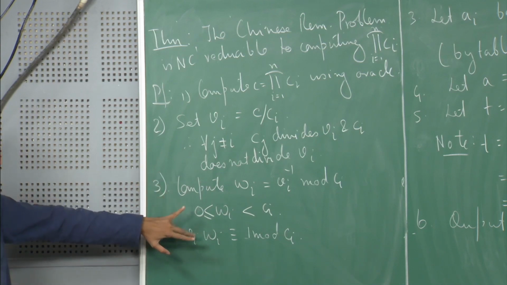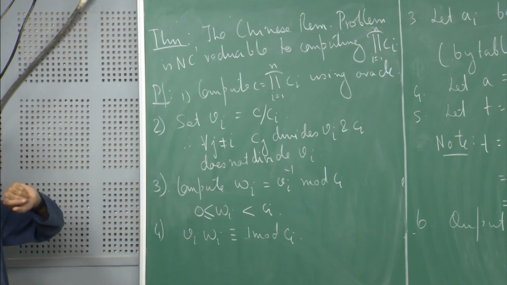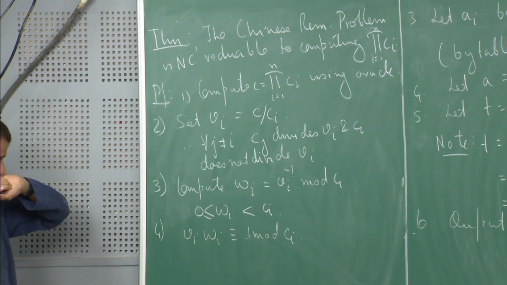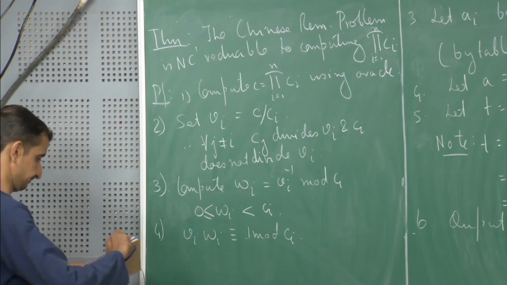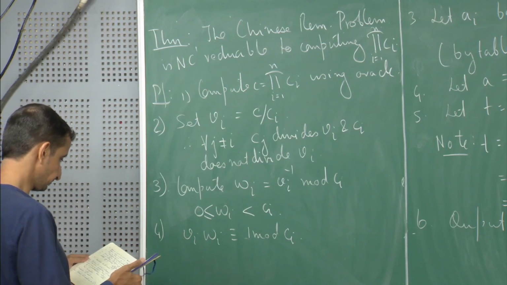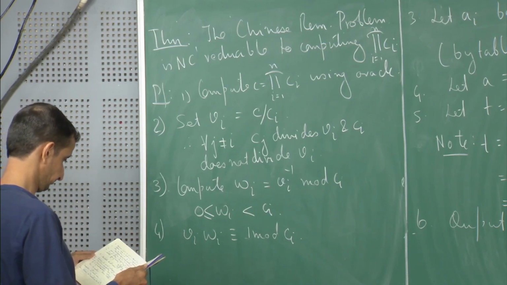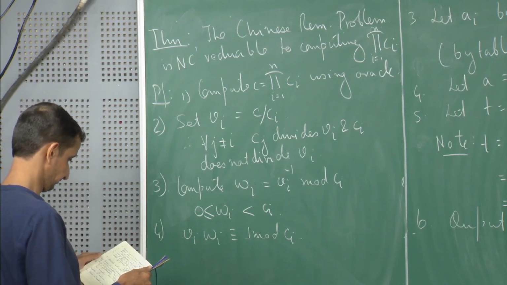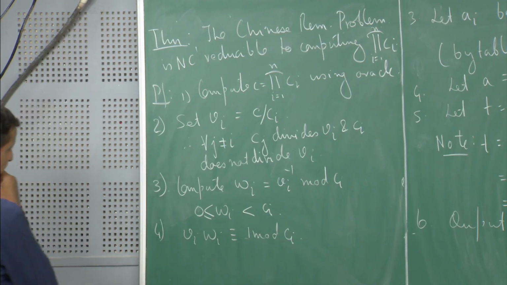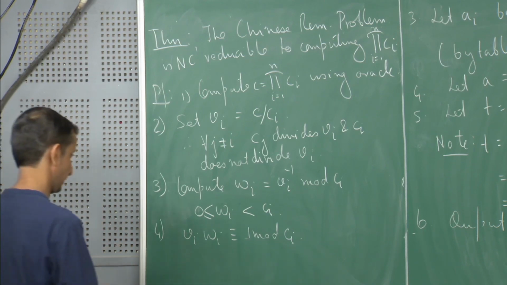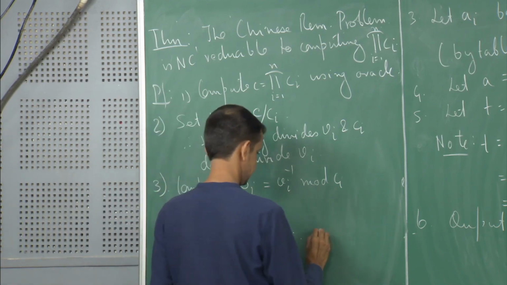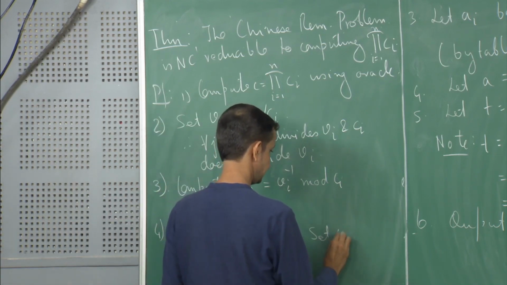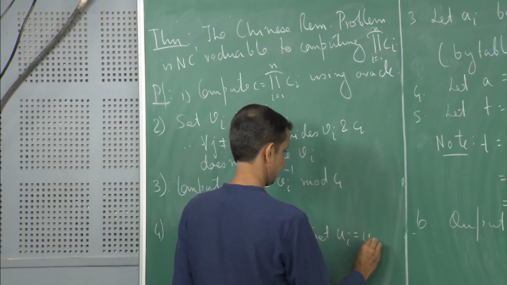What else can I say over here? I think that's okay for now. Let us just set this quantity as Ui.